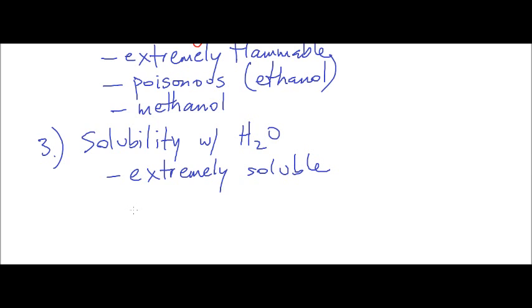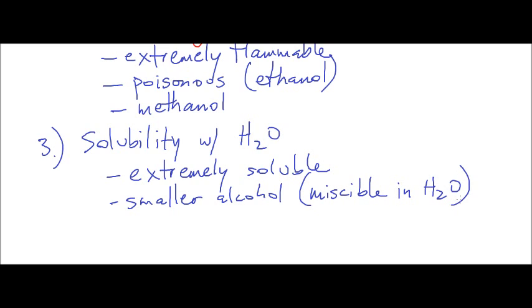In fact, the smaller the alcohol, something like methanol or even ethanol, they're referred to as being miscible in water. So we don't really know which one is the solute and which is the solvent. They just mix evenly together.